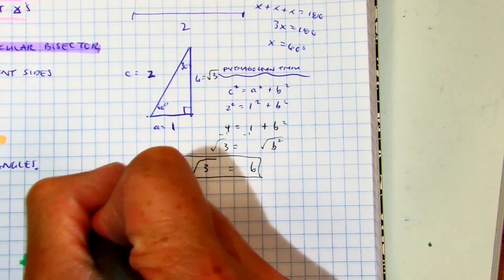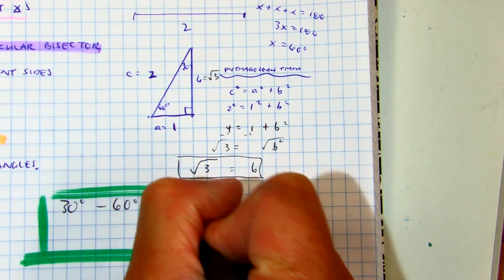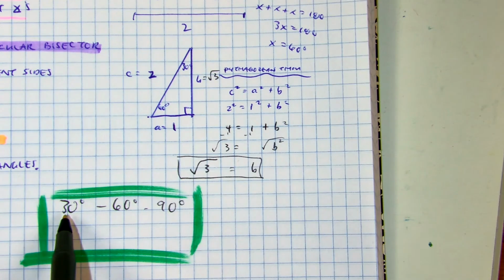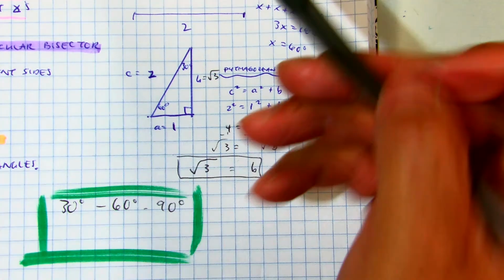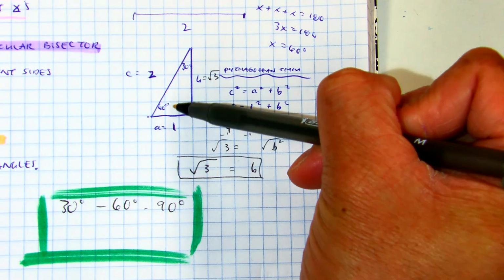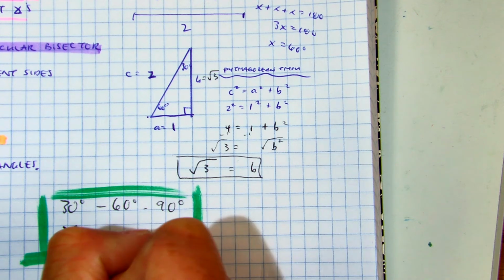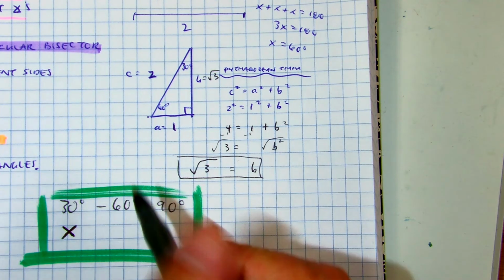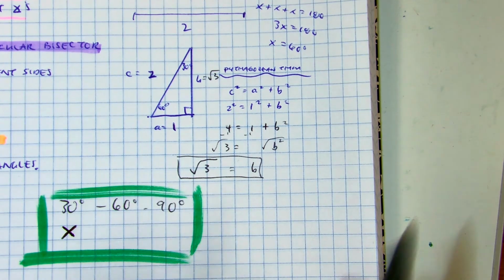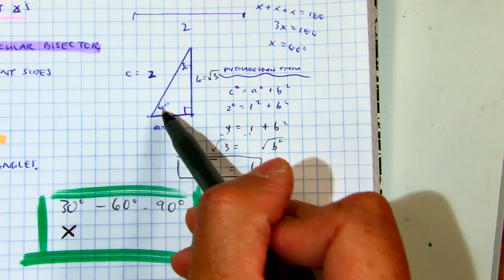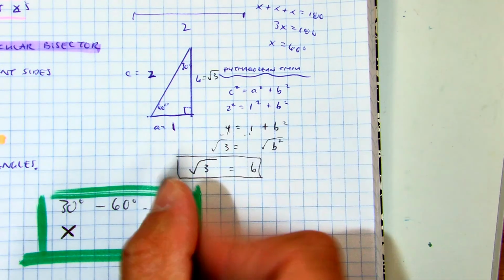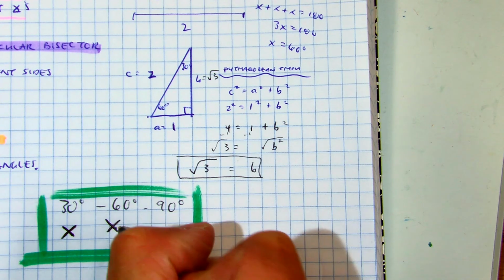Class, tell me, what is the opposite of the 30-degree angle? What was the side length? 1. I'm going to call that x. 1x. Class, what's across the 60? Radical 3. So the formula is going to be x radical 3.